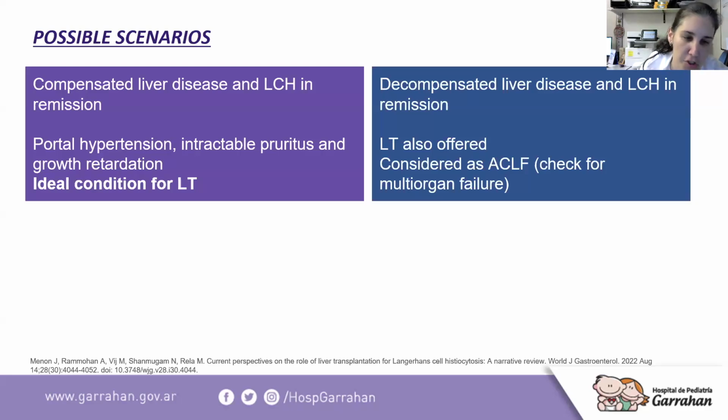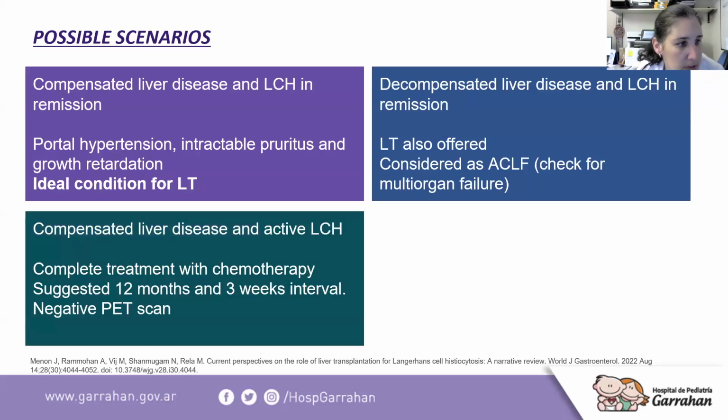So we need to check how many organs are in failure. We have the risk of doing a transplant when the patient is too sick to get the transplant. So it is the same as what we do with other etiologies, with other chronic conditions, but it needs to be considered because transplant could be futile in those conditions.